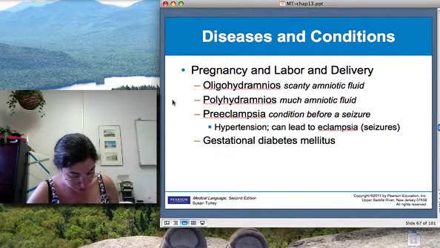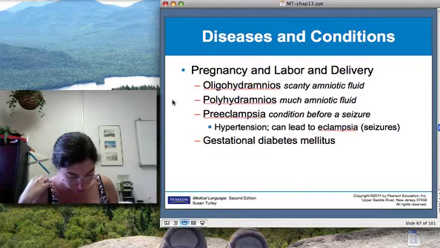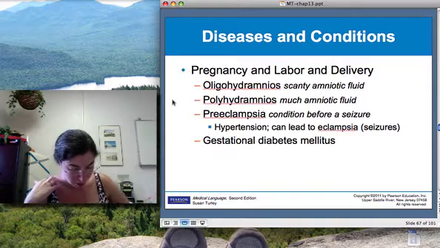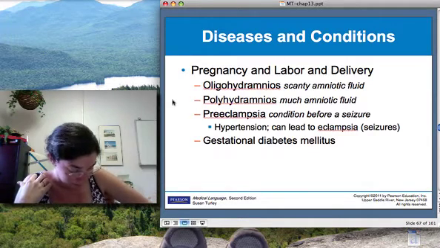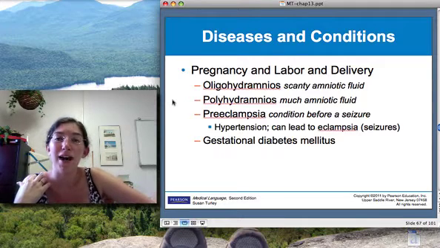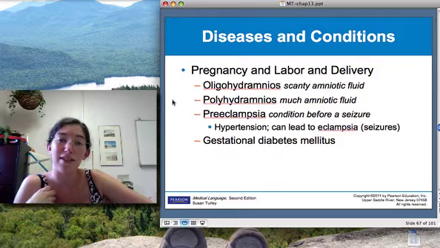I see. Oligohydramnios: the fetus swallows amniotic fluid but does not excrete a similar volume because of a congenital abnormality of the kidneys. So oligohydramnios can actually be a sign that there's something wrong with the fetal kidneys. It's not necessarily because the mom is not producing enough.